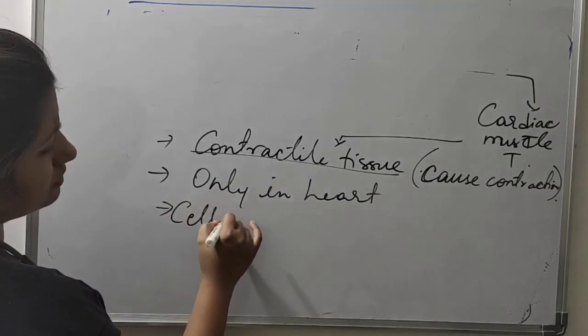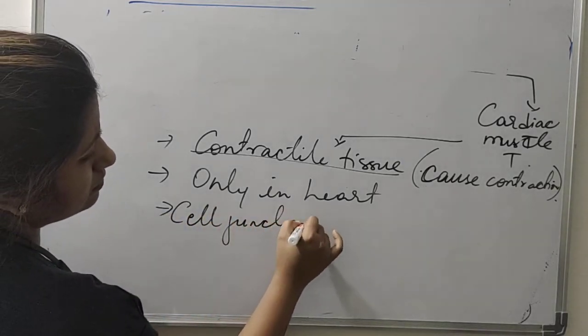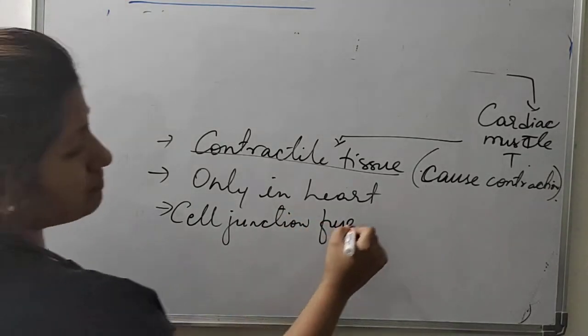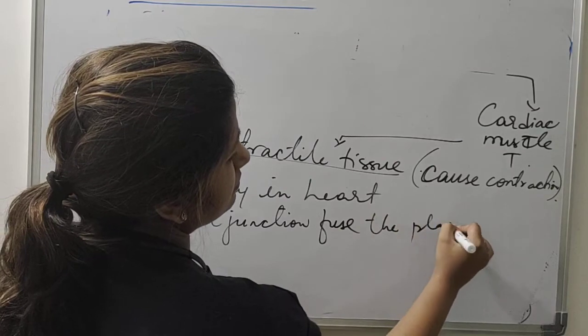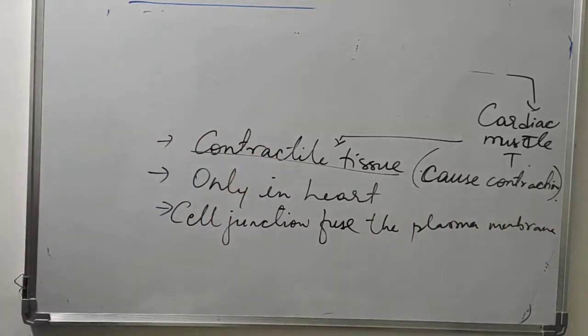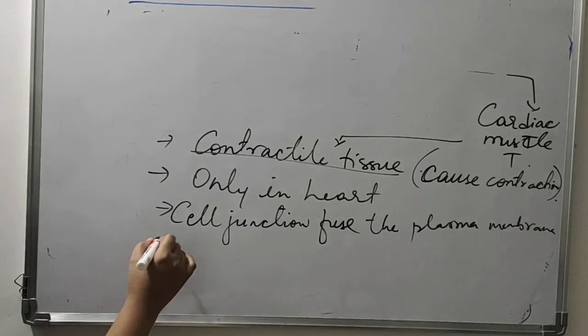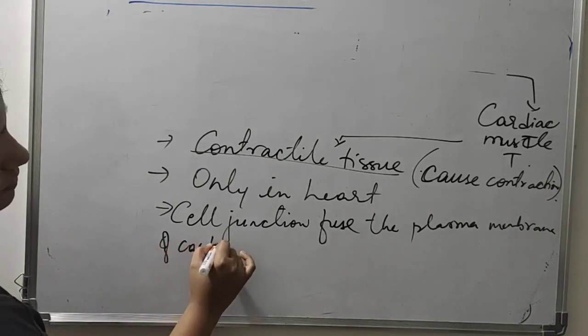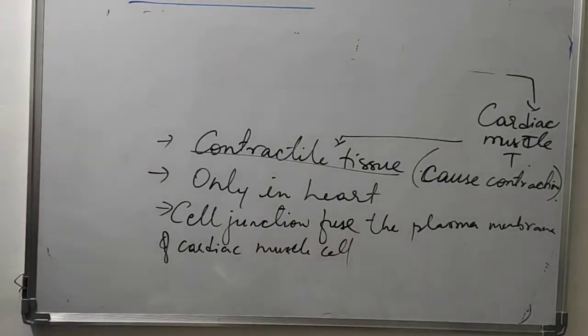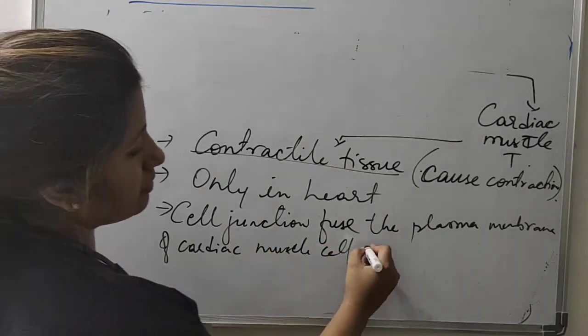The cell junction fuses the plasma membrane of cardiac muscle cells and makes them stick together.